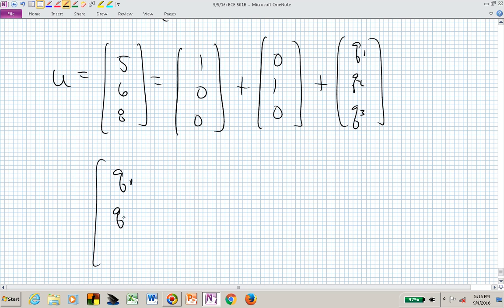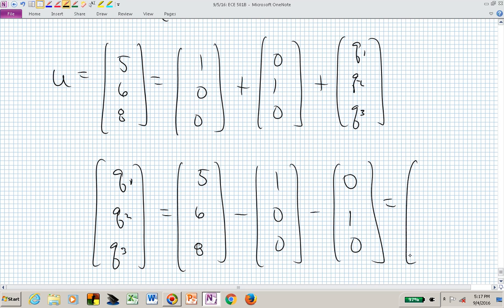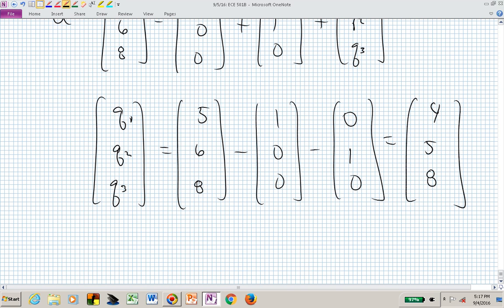We now have q1, q2, q3. That's now 5, 6, and 8 minus v1 and minus v2. And now we have 5 minus 1 or 4, 6 minus 1 or 5, and 8 minus nothing or 8. And our q now is 4, 5, 8.